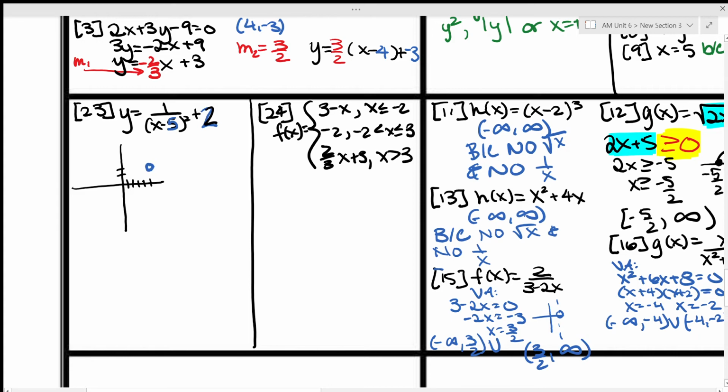When you do that, you're going to have your asymptotes. You're going to have a vertical, and you're also going to have a horizontal. Then we are going to use stretch to get at least 2 more points on our graph.